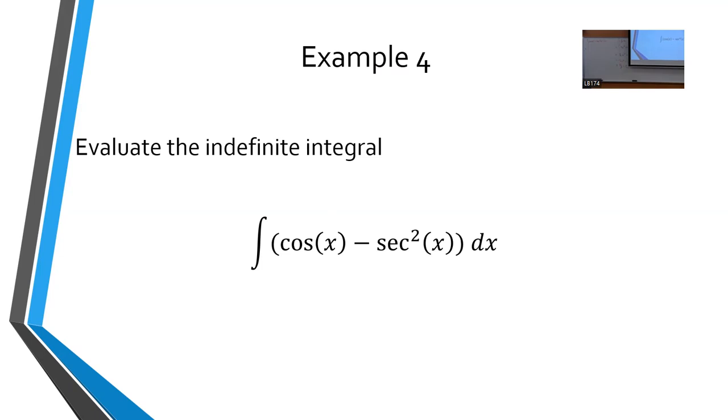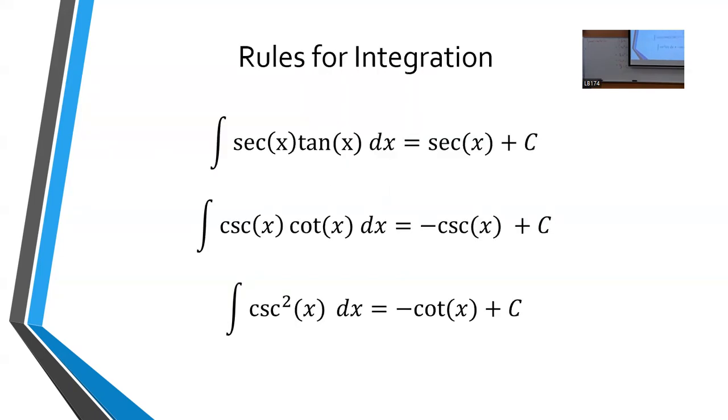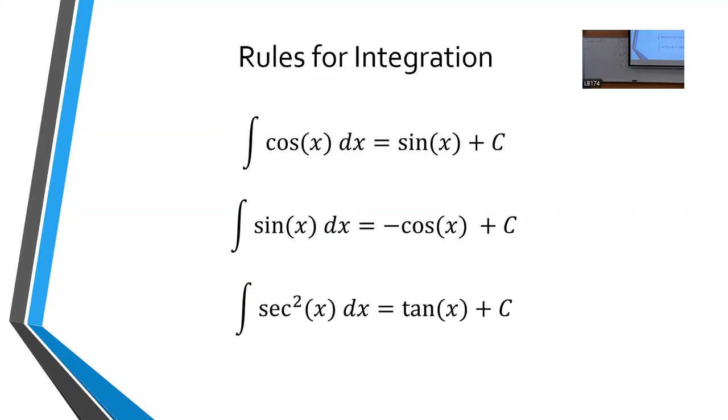And these are both trig functions. So we're going to scroll back to where we had our trig functions. And it says if I want to integrate cosine, the antiderivative is going to be sine. At least one antiderivative is going to be sine. And if I want to integrate secant squared, then one antiderivative is going to be tangent.